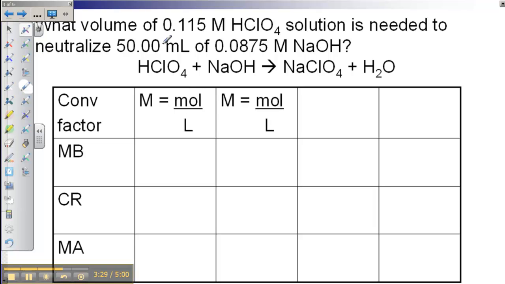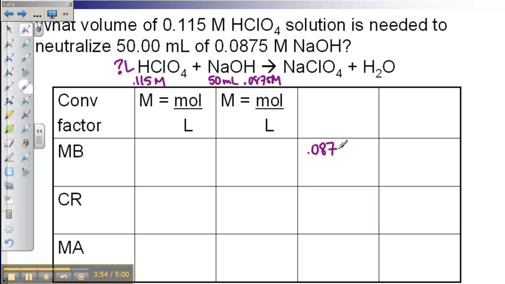So if we have 50 milliliters of 0.0875 molar sodium hydroxide, and we know we have 0.115 molar perchloric acid, we're looking for volume, either in liters or milliliters. To calculate our moles here, we're going to use that formula.